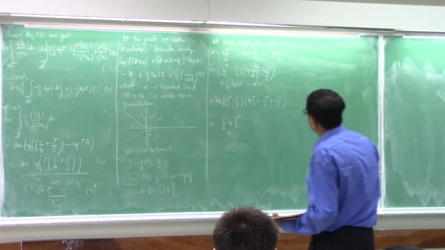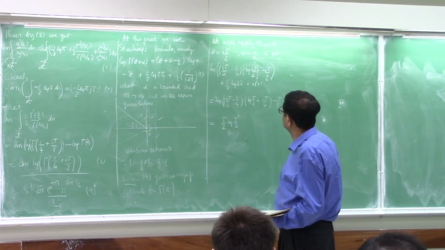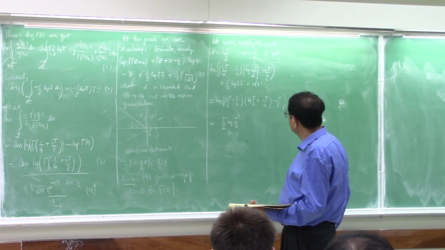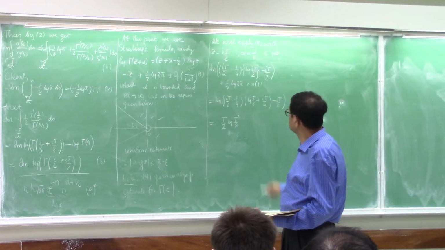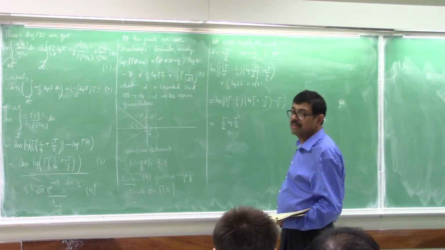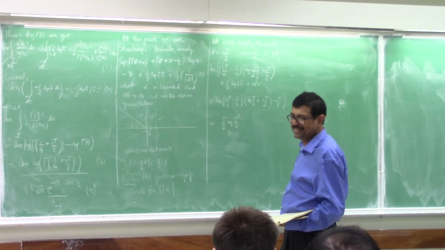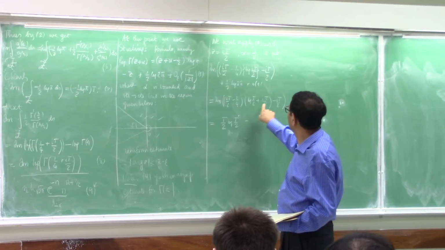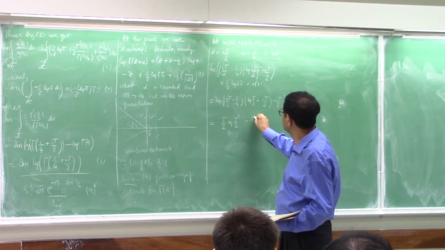I think I made a mistake here. You guys should have corrected this. I pi over 2, 90 degrees. Therefore, this is giving me pi over 8.